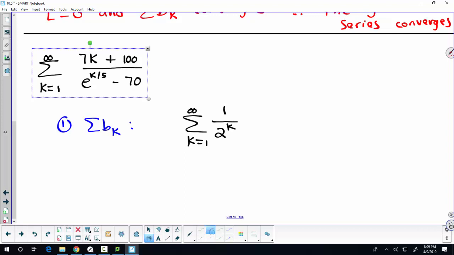I've seen this series before. This converges. Geometric, right? So now let's check out what happens when we compute this limit.